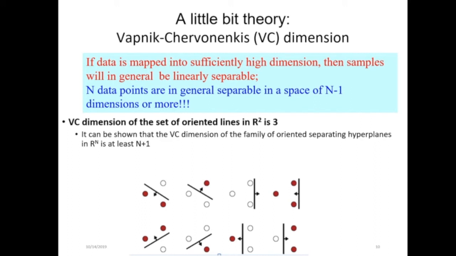So, for example, this is the first combination: 1 white, 2 yellow. You can always find a separation line, right? The other case is 2 white, 1 red. This is the case of 3 white. This is the case of 3 red. And this is the other case also.